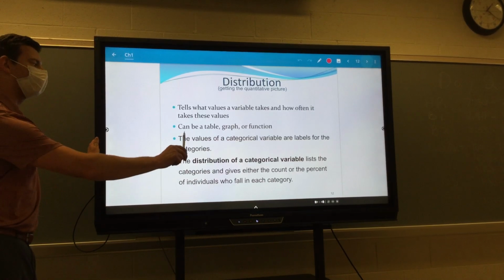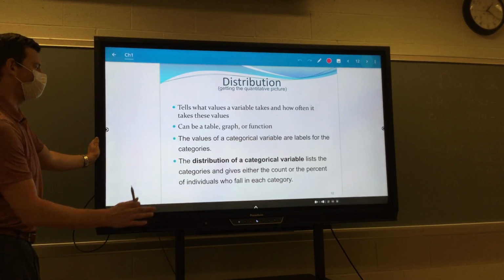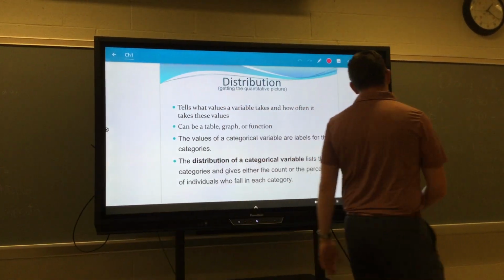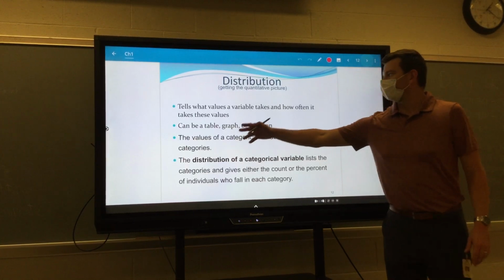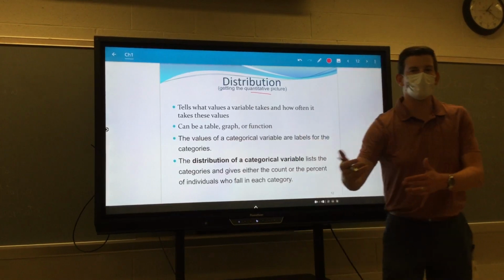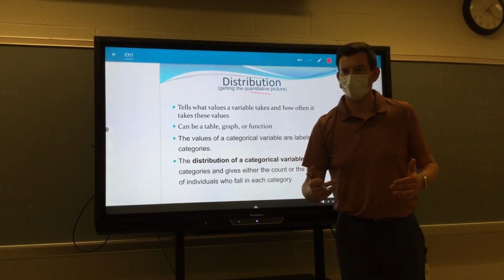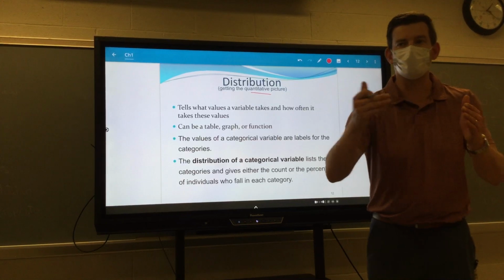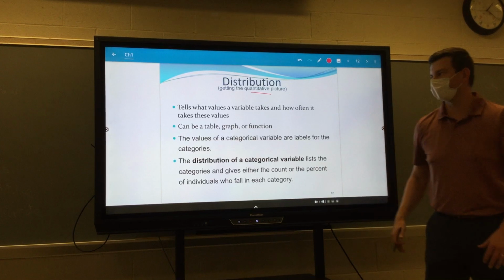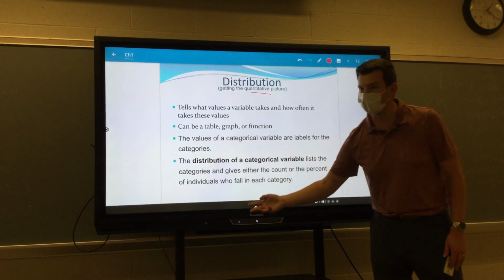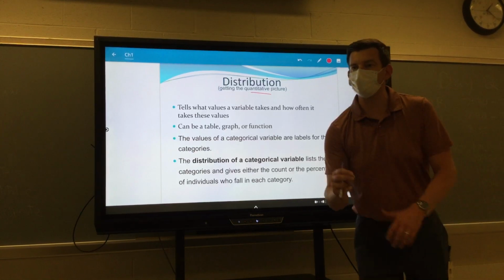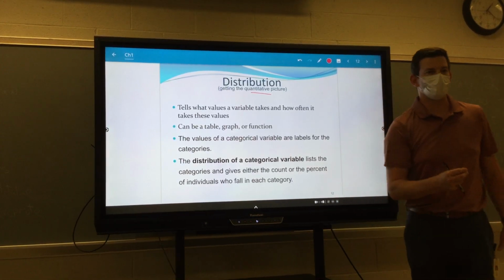The distribution of a categorical variable lists the categories and gives either the count or the percent of individuals who fall into each category. So when we're talking about quantitative, like rainfall per month in Michigan, you have a value associated with each item: January's rainfall, February's, March's, etc. But if you're talking categorical, now you're talking about how many individuals fit this category.